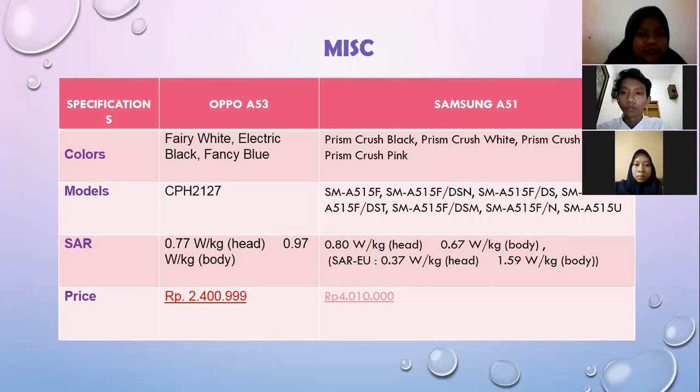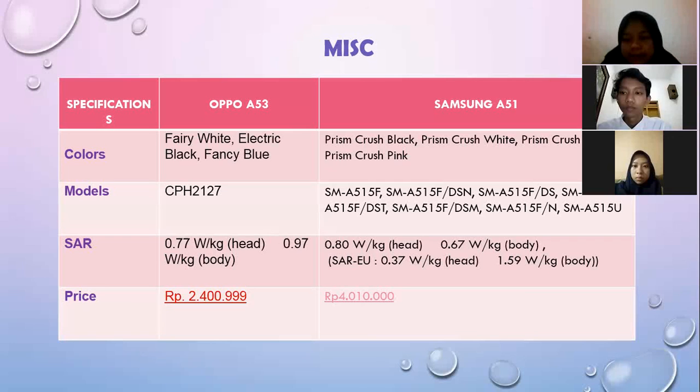Next is models. Oppo has CPH2127. Samsung has SM-A515F, SM-A515F/DSN, SM-A515F/DS, SM-A515F/DST, then SM-A515F/DSM.